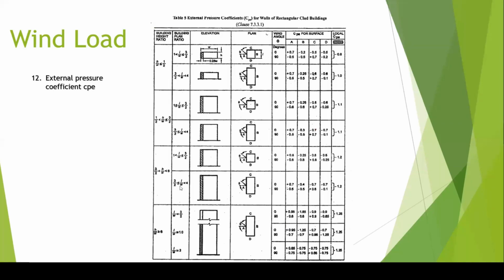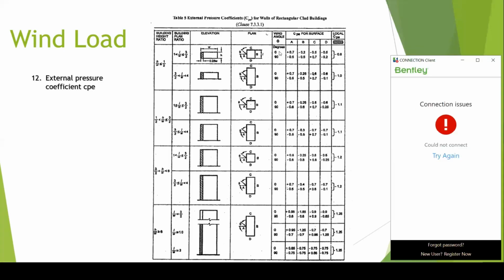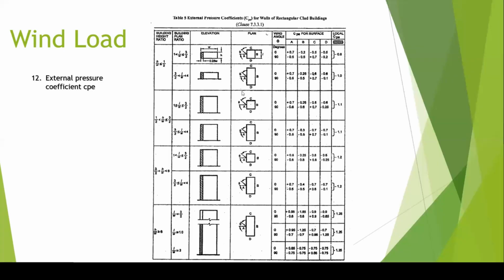Next, the external pressure coefficient will depend on this table, and depending on the ratio between my height and width, ratio of my length and width, based on the building plan ratio and building height ratio, I have these values, and they also have separate values for 0 degree wind and 90 degree wind.